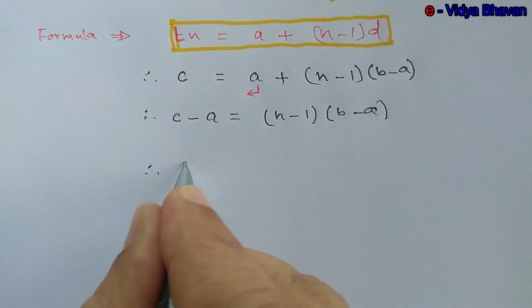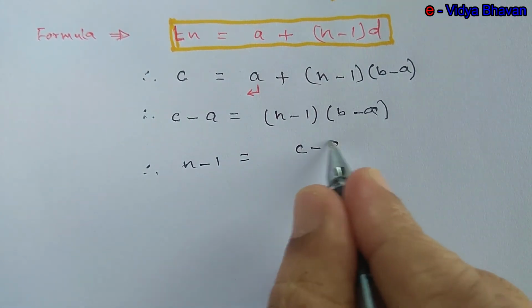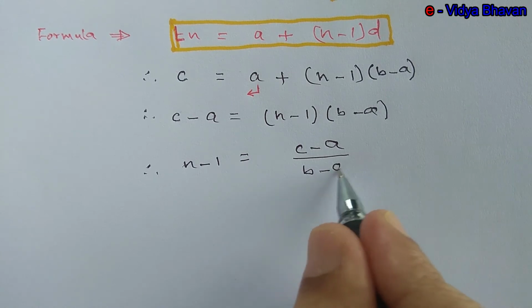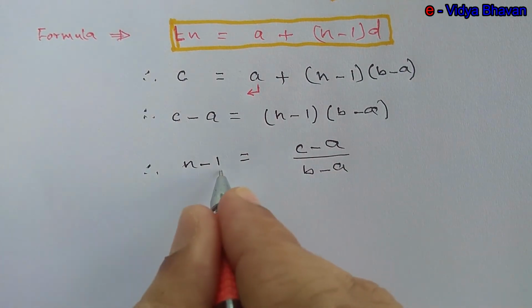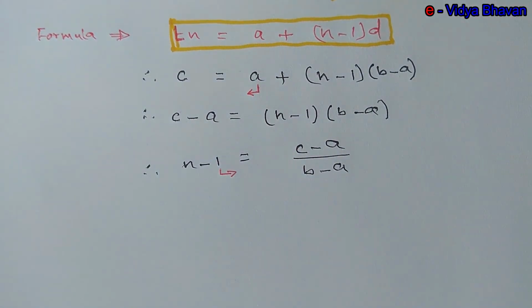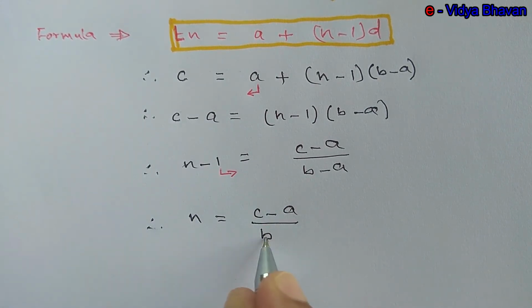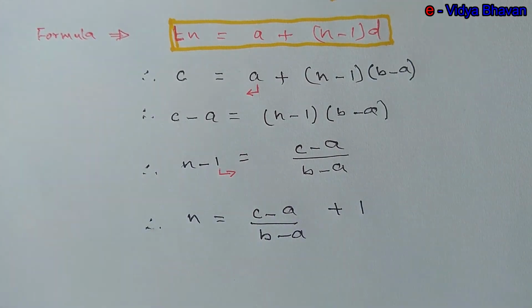That is n minus 1 is equal to c minus a upon b minus a. Let us take minus 1 on the right hand side. Therefore, n equal to c minus a upon b minus a. This minus 1 will become plus 1.